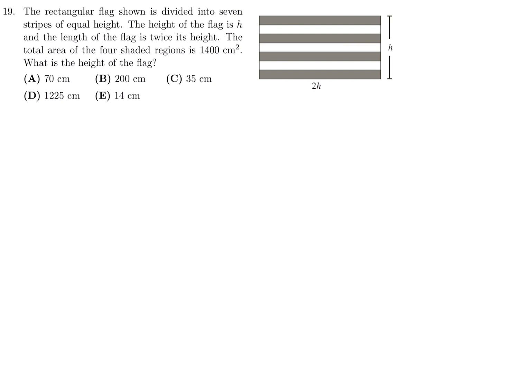Well, the height is right here, and this is the length, I guess. So the shaded region is basically 4 stripes. So 4 times length times width, or length times height, whatever you want to call it. The length is 2h, and I guess the height of each stripe is going to be h divided by 7.